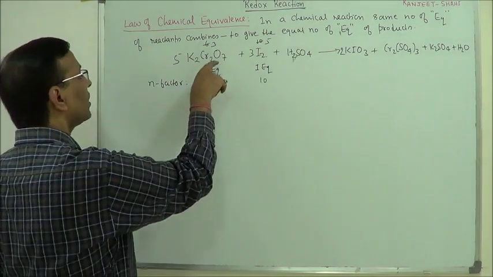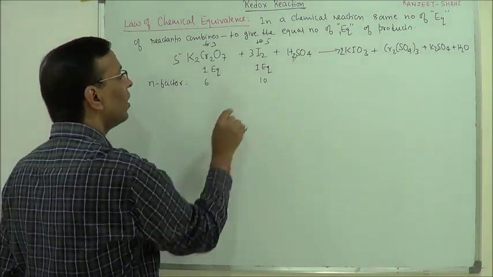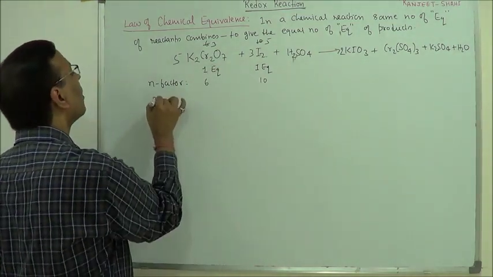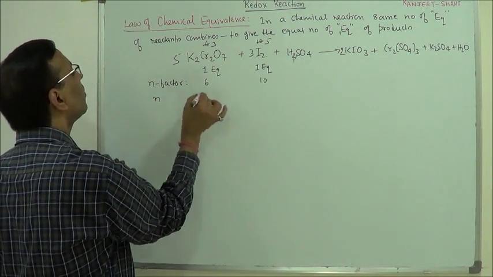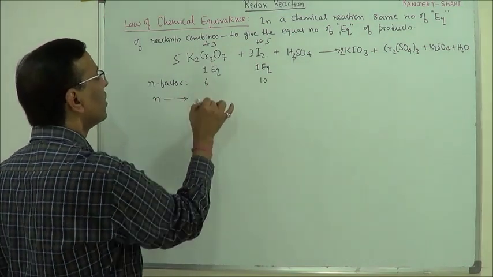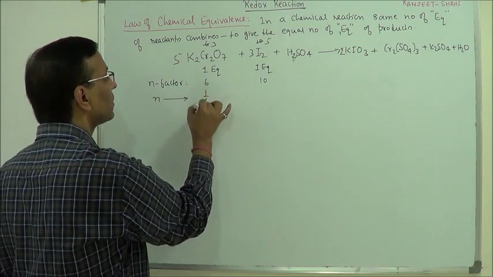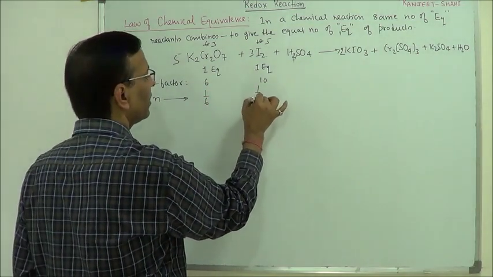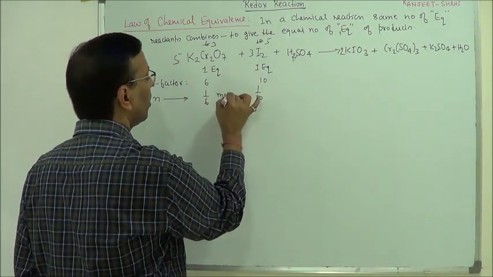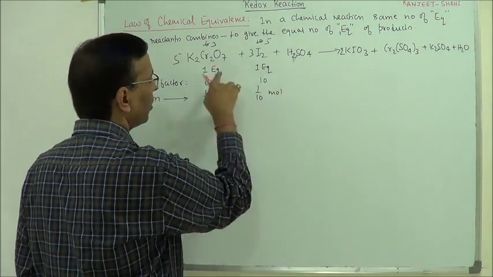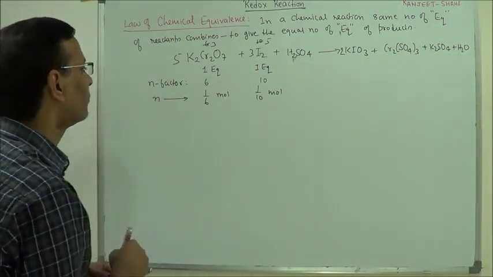So if we convert the number of equivalents into moles, the number of moles is 1 by 6 and 1 by 10 mole, that is, number of equivalents divided by N factor.